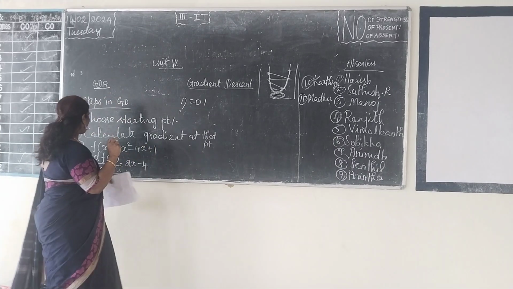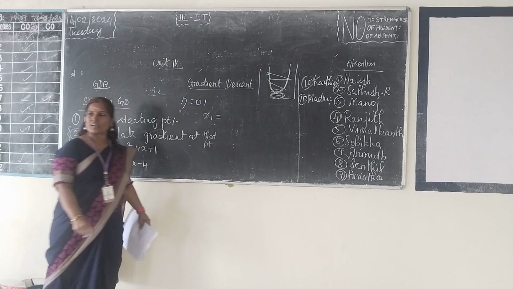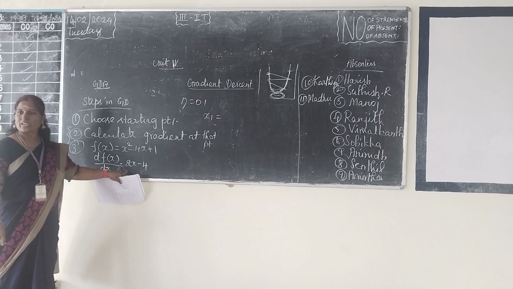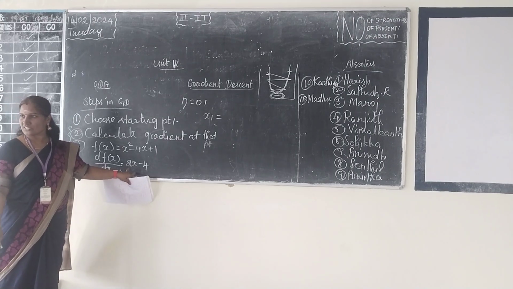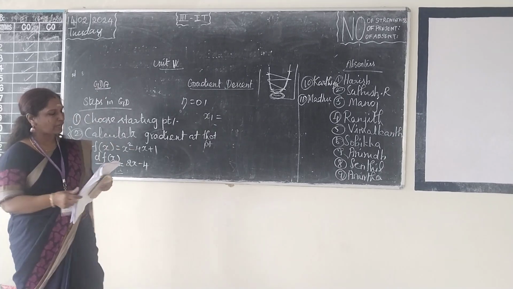So we are going to compute x1. After the derivative, we are going to apply gradient descent on this.